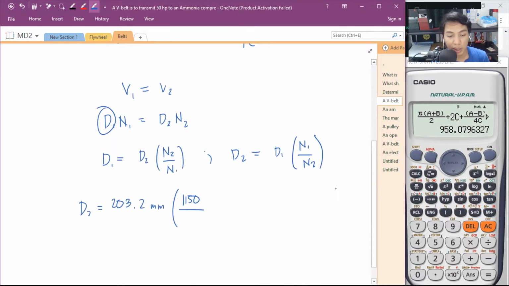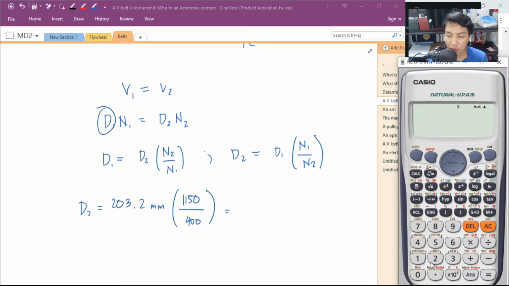So, N2, that is 400. Oh. So, makuha nating value dito is 203.2 multiplied to 1150 divided by 400. So, the answer is 584.2.